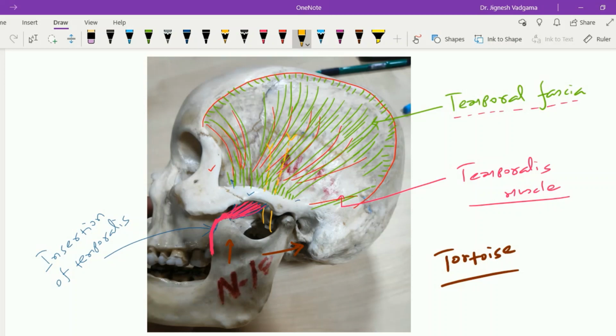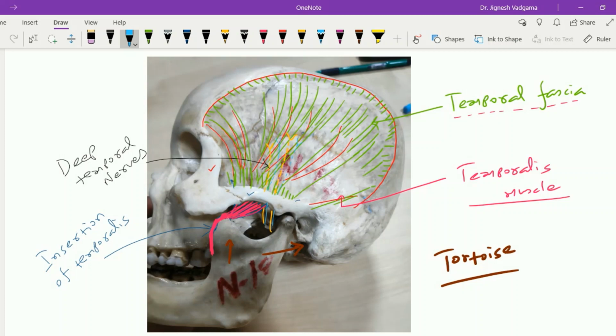The blood supply to this temporalis muscle is via the deep temporal arteries, which are branches of the maxillary artery, which also follows the course of the deep temporal nerve. So this temporalis muscle is supplied by nerves as well as vessels from its deep surface.